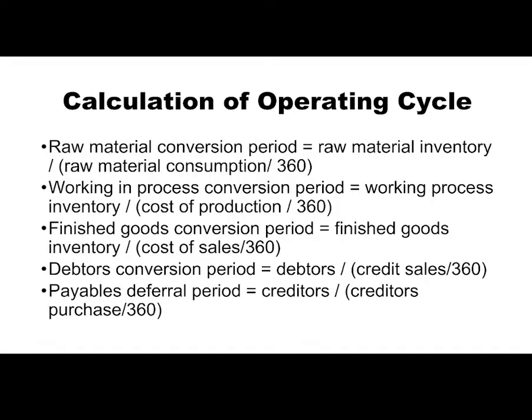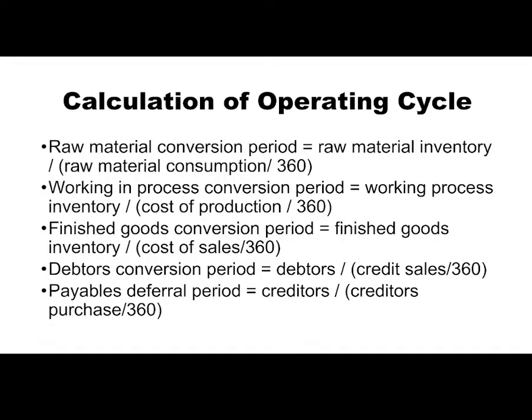Then you have the work in progress conversion period, which is the average time taken to complete the semi-finished goods, whereby the work in process inventory, you divide it by the result from cost of production divided by 360.